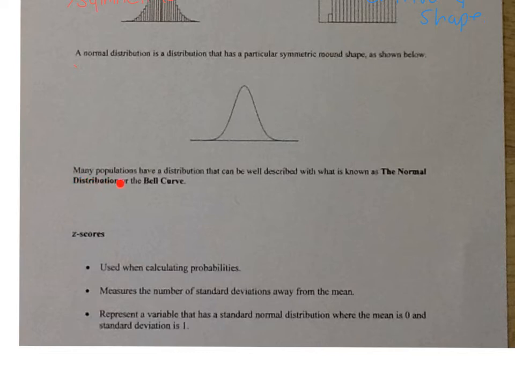Many populations have a distribution that can be well described with what is known as the normal distribution or the bell curve. Something you always hear them using the bell curve for is when someone has a baby, and you hear someone say, what percentile is your baby's weight in? When they say my baby's weight or height is in the 95th percentile, they're talking about this bell curve.